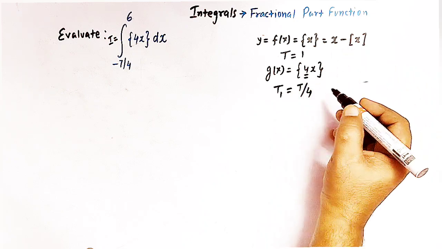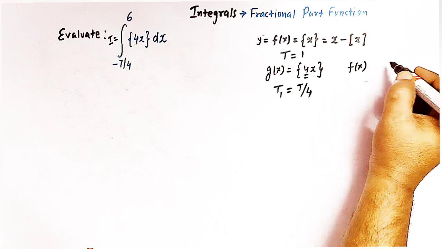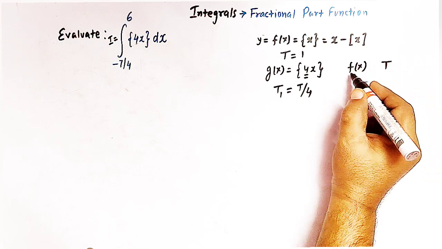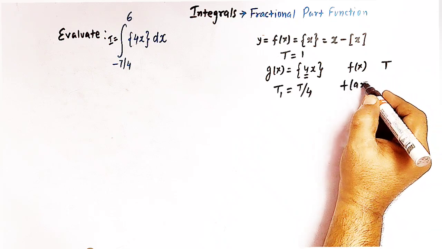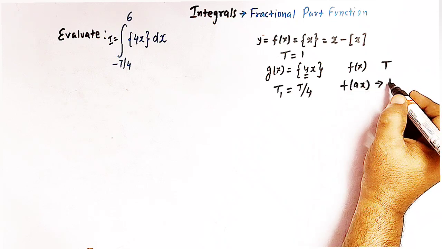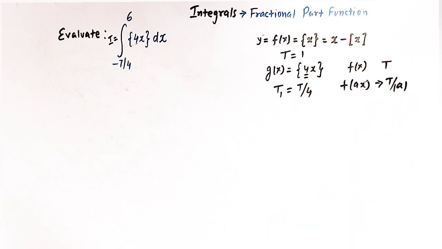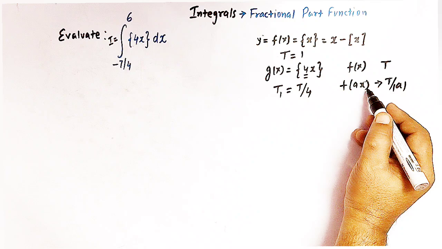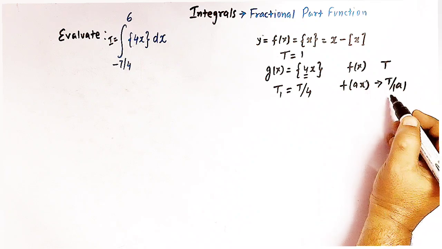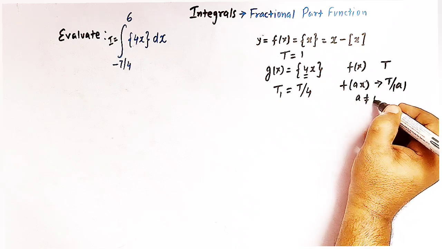And we know that if we have the function, say f of x, and its period is T, then the period of f of ax is given by T by modulus of a. So if the period of f of x is T, then the period of f of ax is given by T divided by the absolute value of a, and here a is not equal to 0.